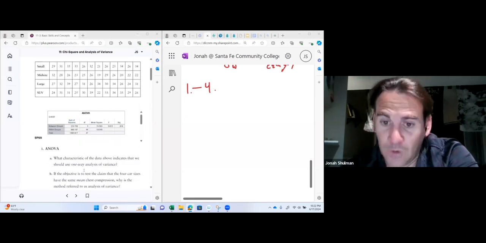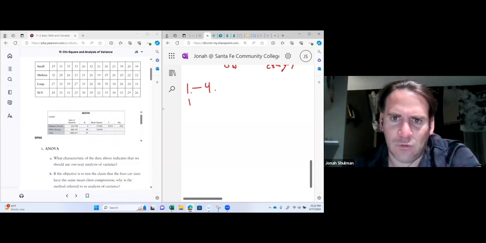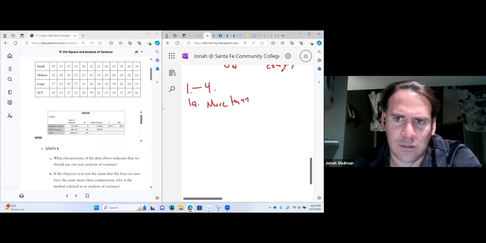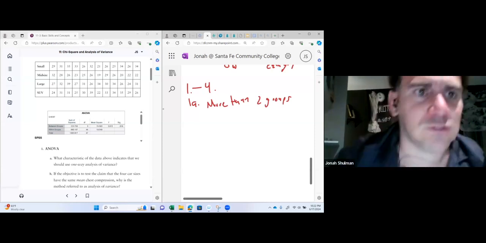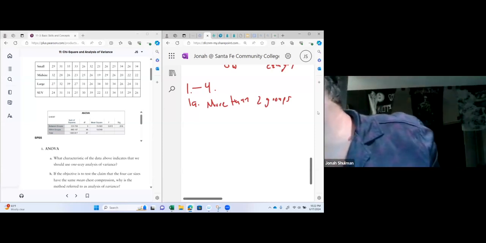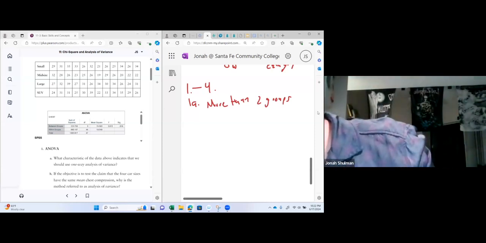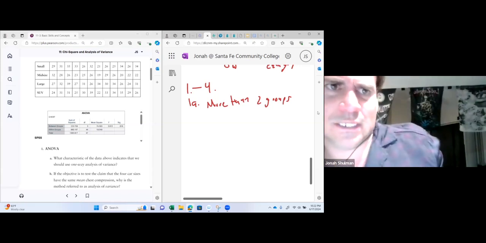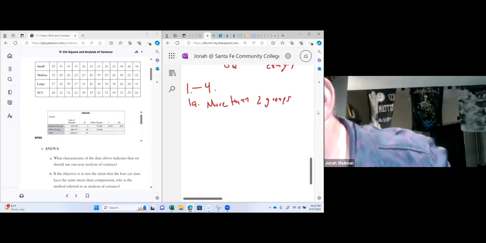We have more than two groups. So here's A. 1A, more than two groups. I might as well look at the back just to double check these. And we're doing 11-3.